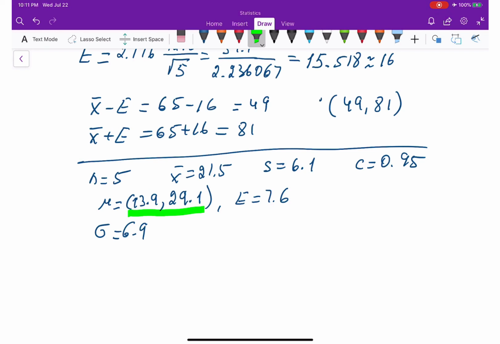Okay, so everything is given. We need to build the 95% confidence interval. All right, let's do it.